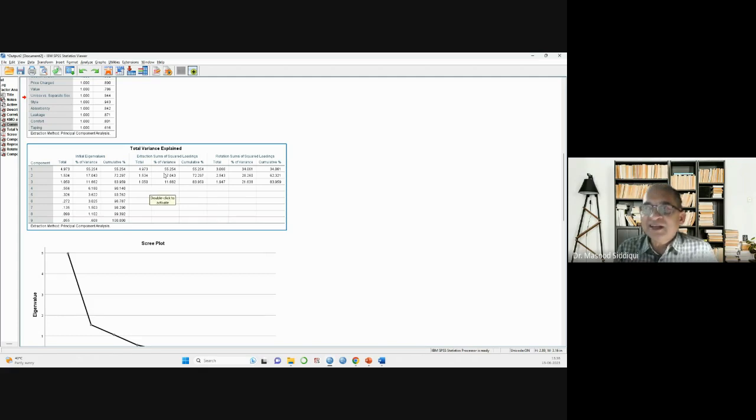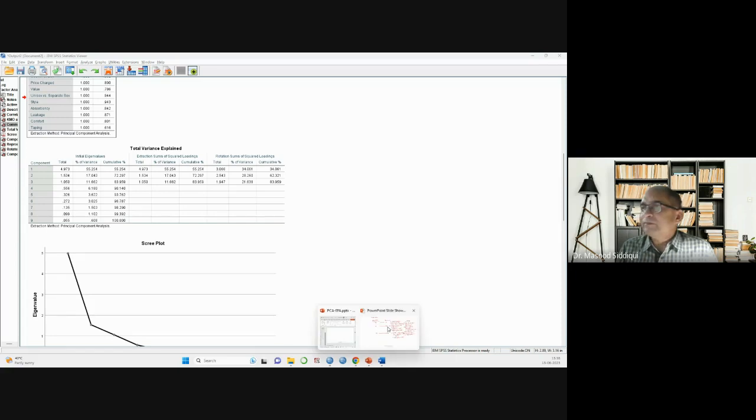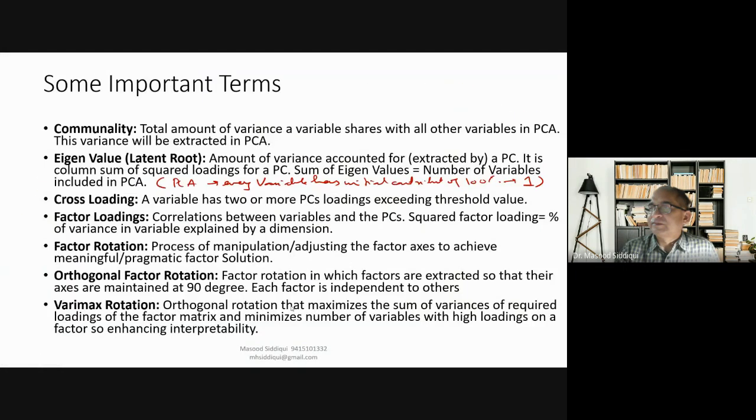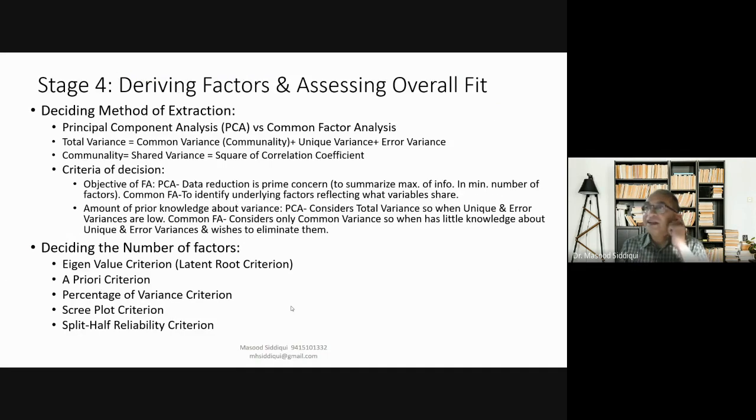Now remember, this is not the only criterion. Here we are discussing deciding the number of factors or number of principal components. The first one is the eigenvalue criterion.